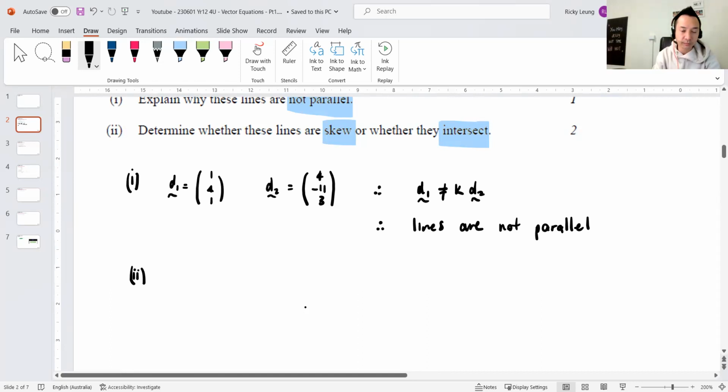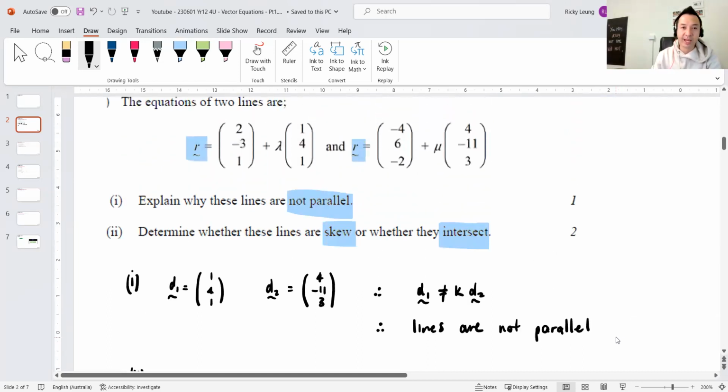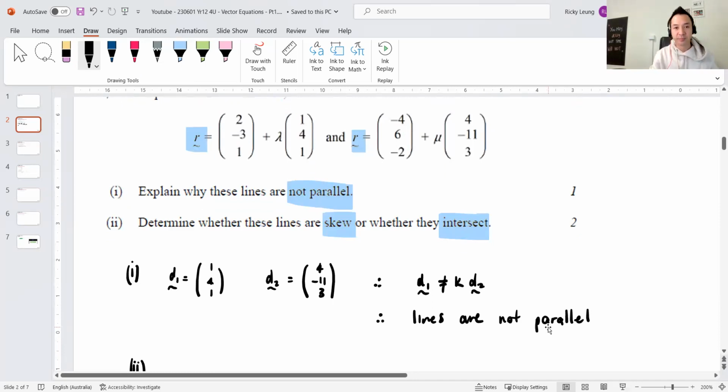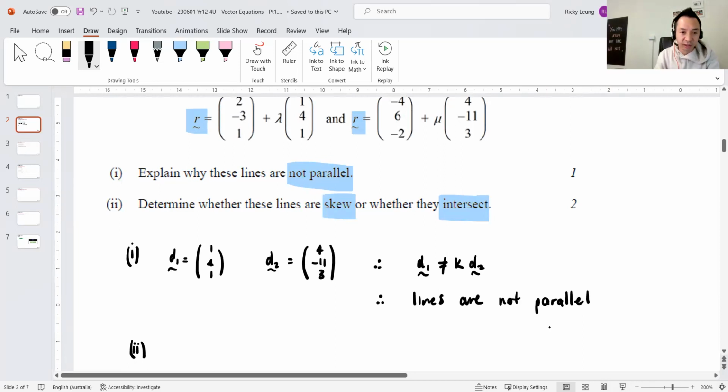So in this case, structurally we always compare the x values, y values, and z values. So I'm just going to go to comparing x. You've got 2 plus lambda equals -4 plus 4 mu.